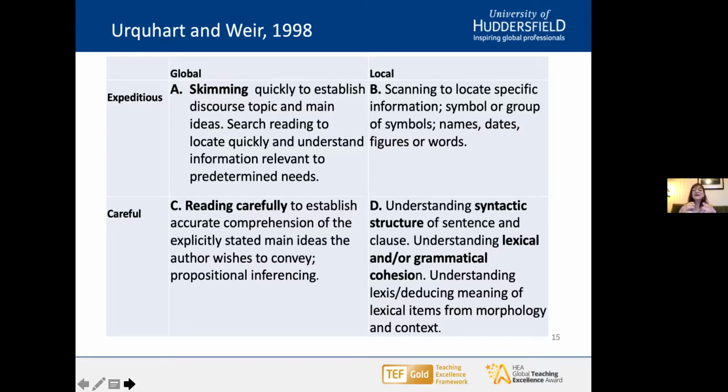And we said reading carefully at global level is when we need to read and understand a whole sentence, a whole paragraph, or a whole text, or when we need to combine information from large chunks of two texts. We are talking about careful reading at global level.